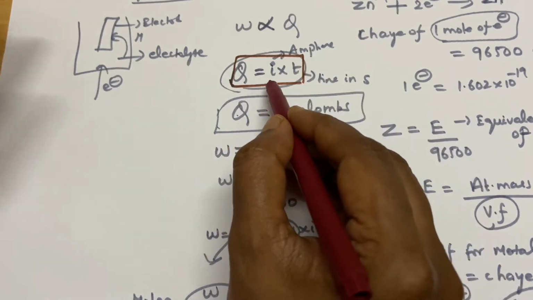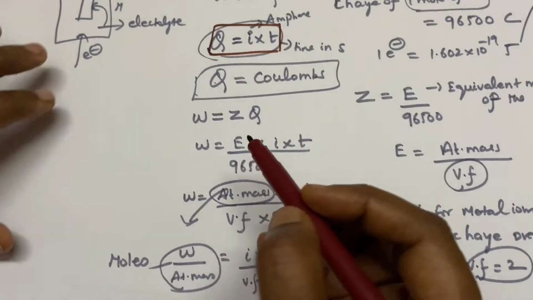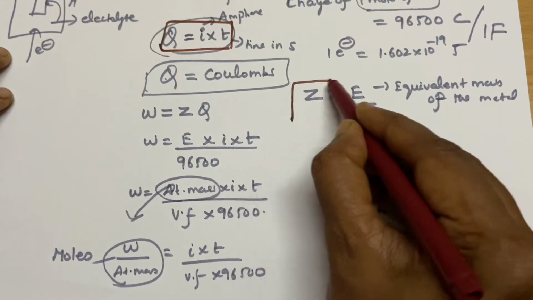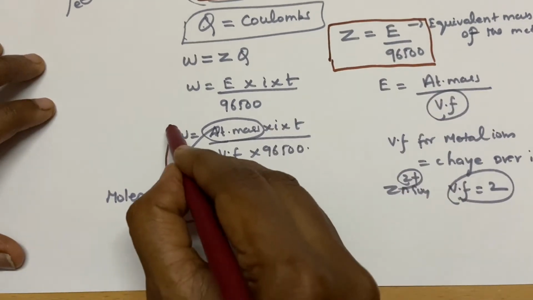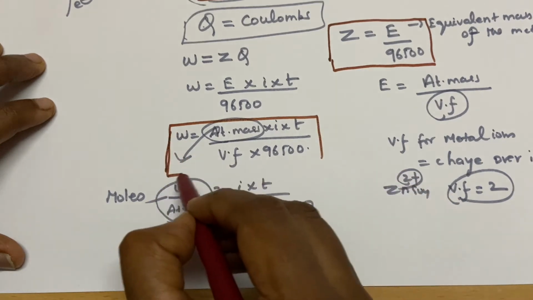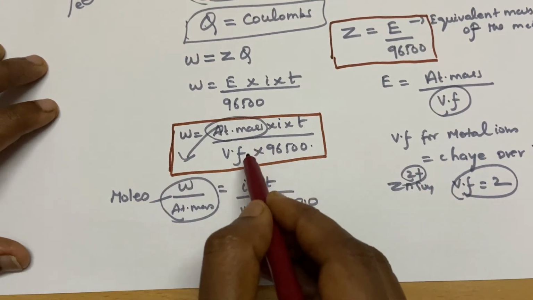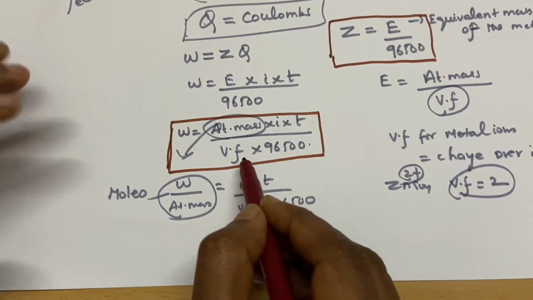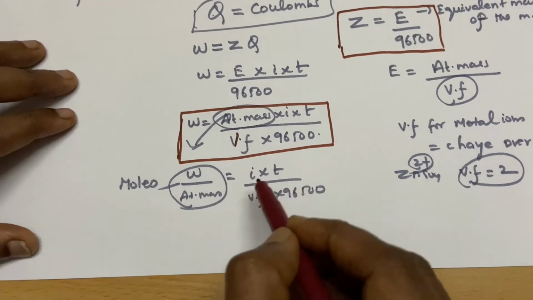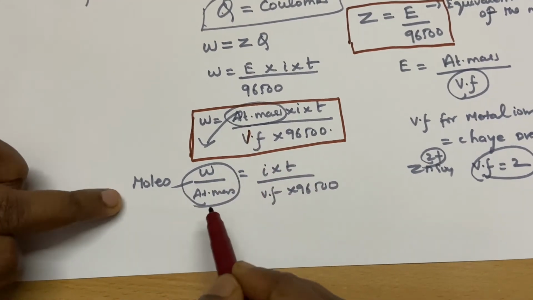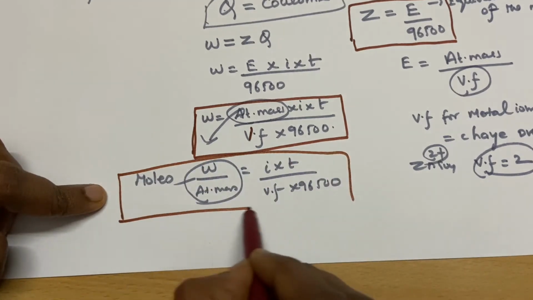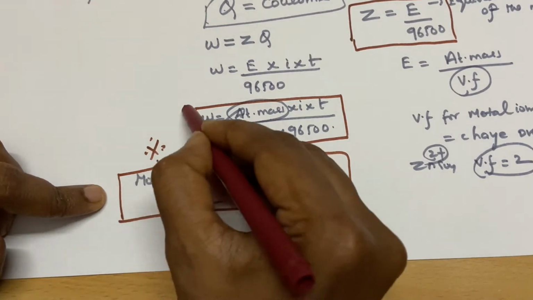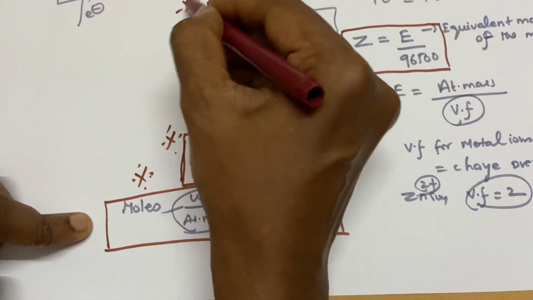It is constantly asked, and this equation is very important. If they are asking the atomic mass of the unknown metal, you have to use this equation. The valence factor will be given in such a case. Suppose they are asking straight away for the number of moles, you have to use this equation. So these are very, very important. Don't worry, we are going to do problems on it.